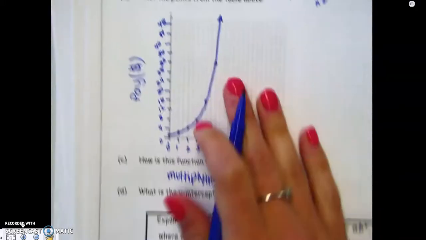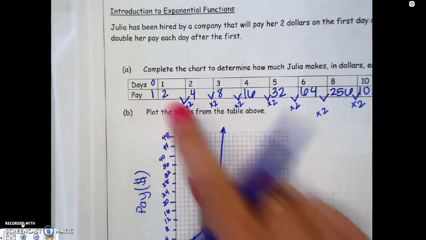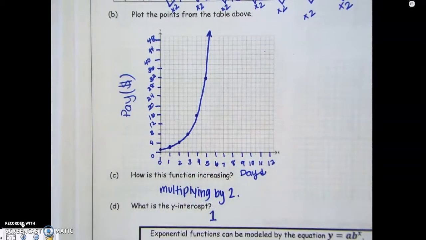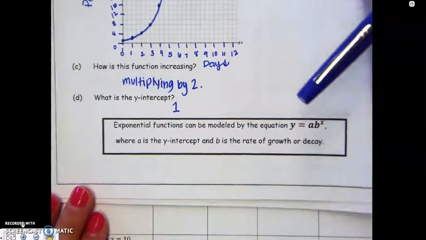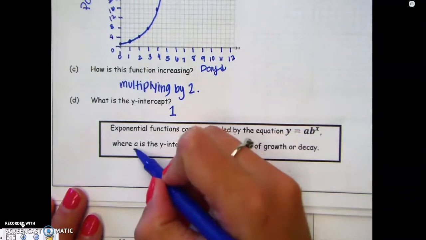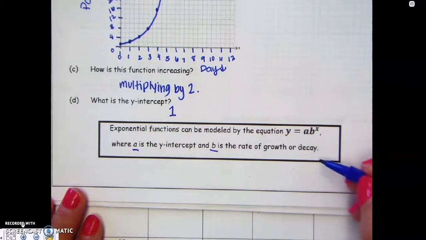And my y-intercept, we found my y-intercept. That's where it crosses the y-axis, or where x is 0, and so that is 1. Now that we have both of those pieces of information, we can write an exponential equation. Exponential functions can be modeled by the equation y equals a times b to the x, where a is the y-intercept and b is the rate of growth or decay.